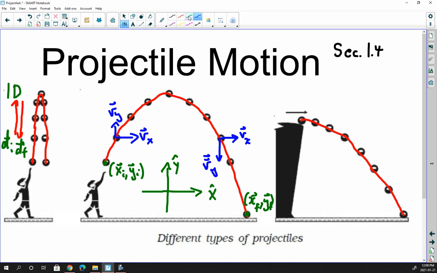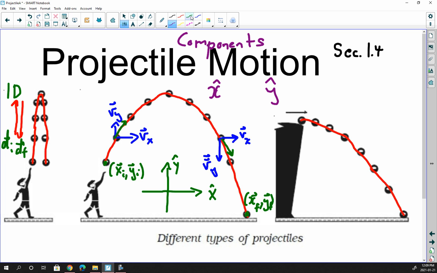Now, if you're going to talk about it without components, right, it would be sort of like this. You would add the x and y components to get the velocity. But our way forward, if we're going to have success studying projectile motion, we need to work in components. We need to think of this as dealing with everything in x hat and dealing with everything in y hat separately.